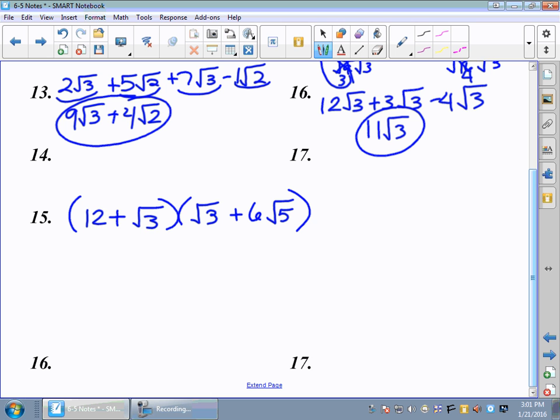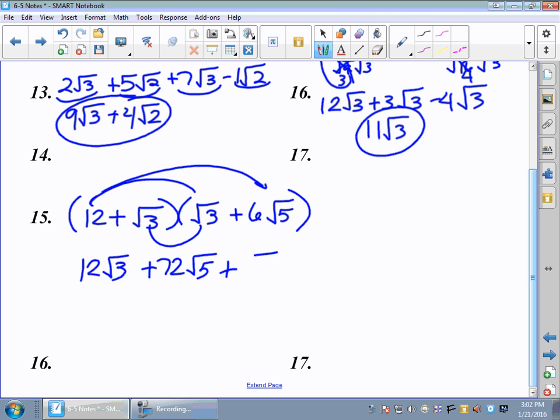So we FOIL. I end up getting 12 root 3 plus 72 root 5 plus root 9, and then plus 6 root 15. Combine like terms. The only thing we can do here, none of them are alike, so we just make the root 9 a 3 and call it good.